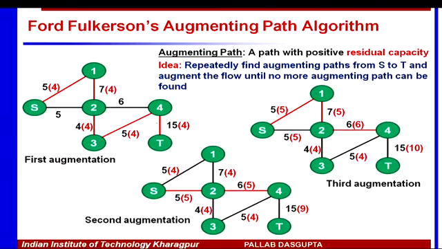So let's quickly take a look at the algorithm which can solve the flow problem. And the algorithm is delightfully simple. We define what is called an augmenting path. Now, at a given point of time, in some intermediate iteration of the algorithm, some flows are taking place through certain edges, right?